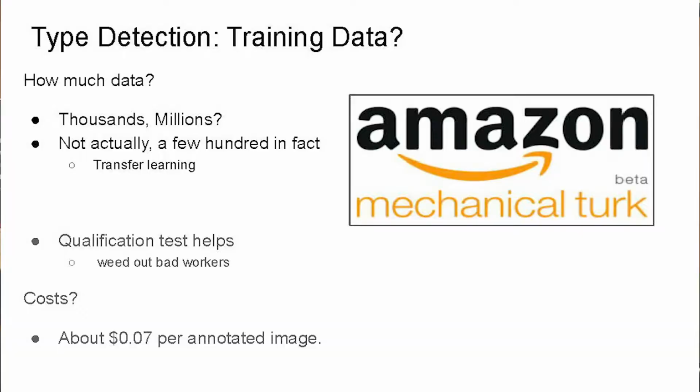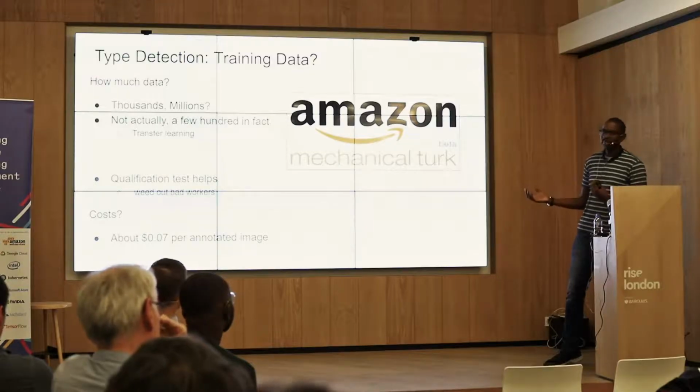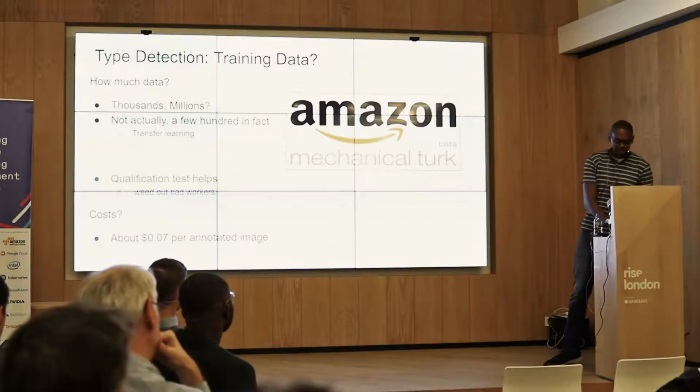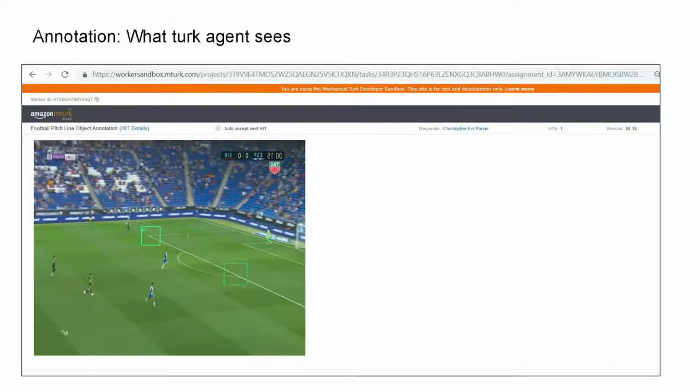So I used a very handy tool called Mechanical Turk, where I posted work to get done. It cost me about 7 cents an image, and they annotated the images quite accurately. And here's an example of a Mechanical Turk agent working.